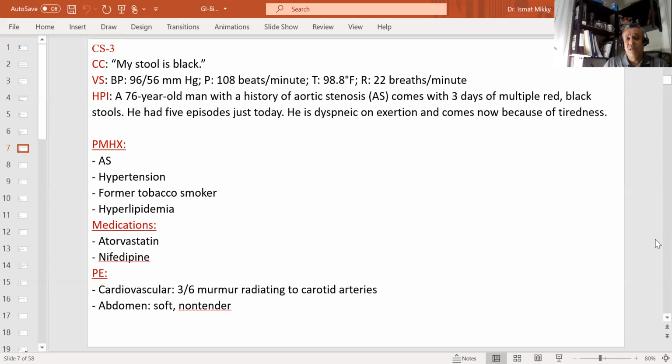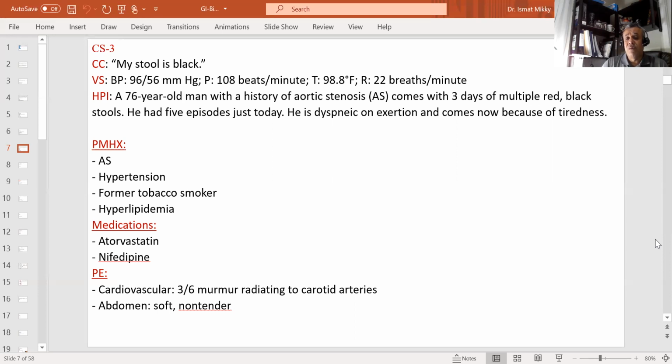Now, the case study patient saying that my stool is black, which is, we said, melena, that's when there is blood in the stool or bloody stool. The patient is hypotensive, tachycardic, which is consistent with the blood loss or fluid loss, which in this case is gastric ulcer and bleeding, peptic ulcer disease, and there's bleeding. That's internal.